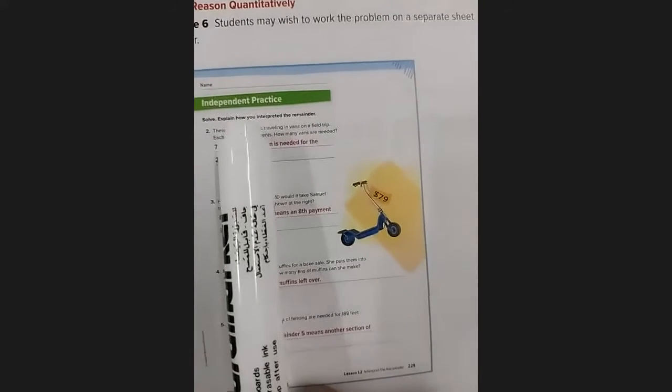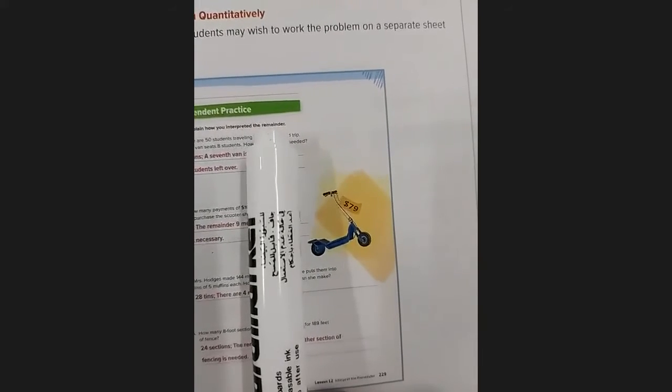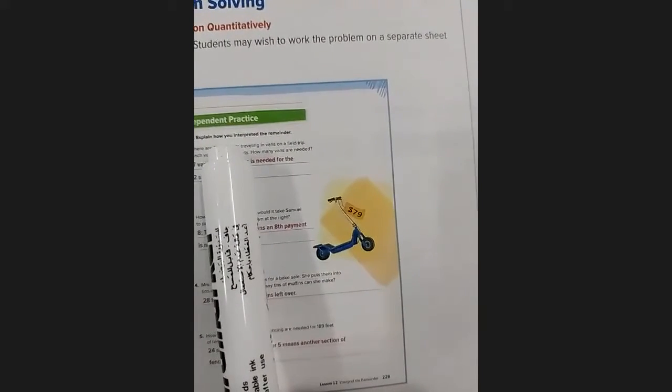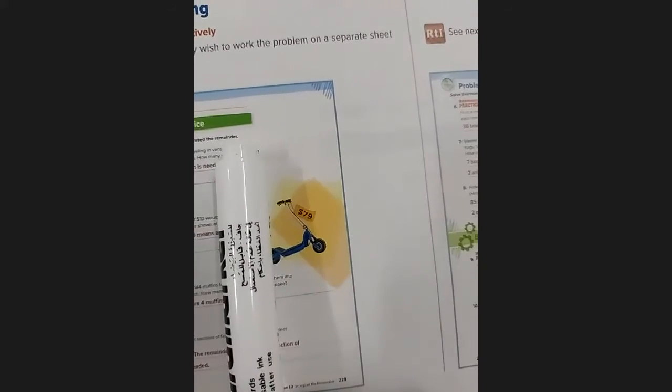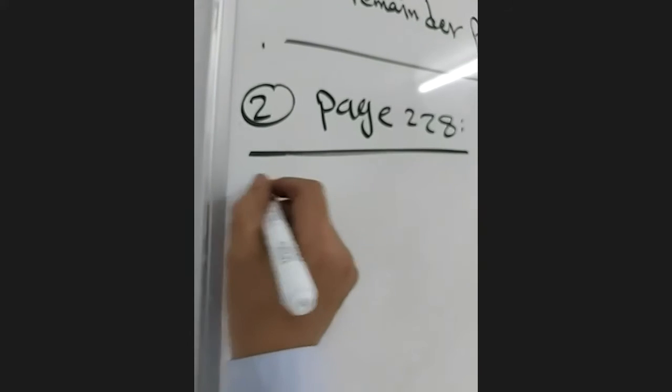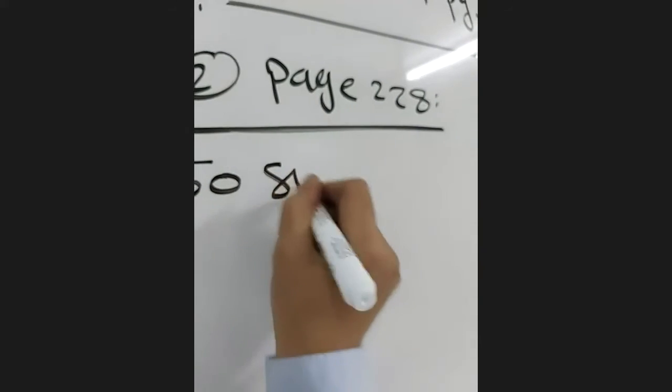Read. There are 50 students traveling in vans on a field trip. Each van seats 8 students. How many vans are needed? Good. How many students do we have? 50. Right.